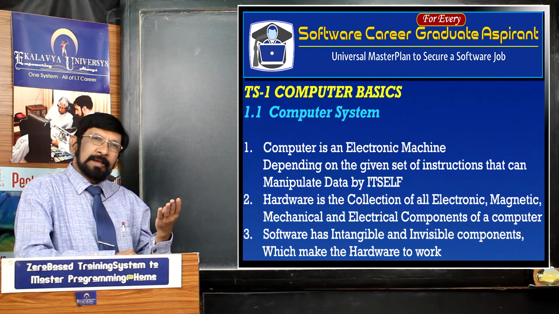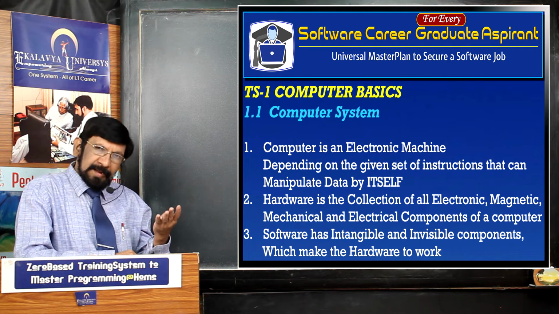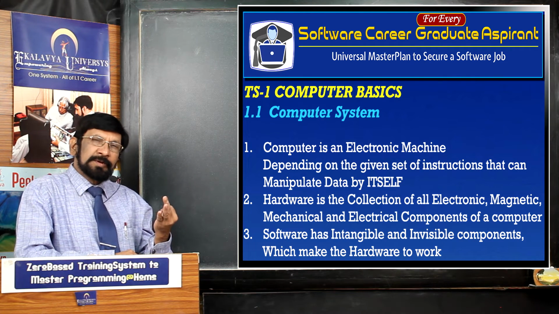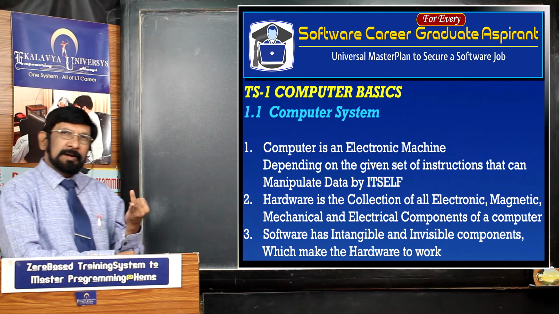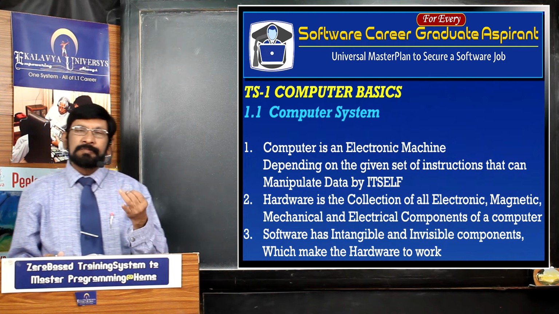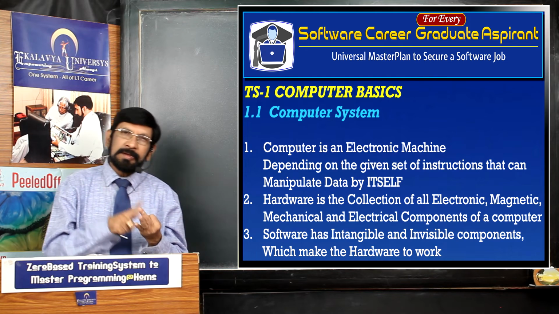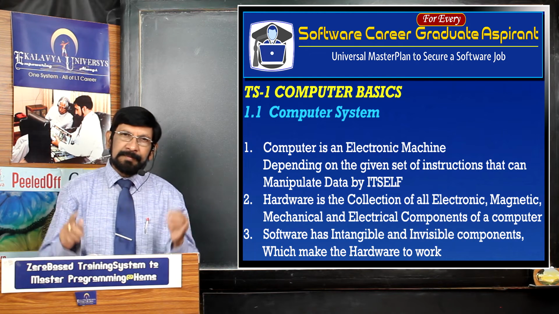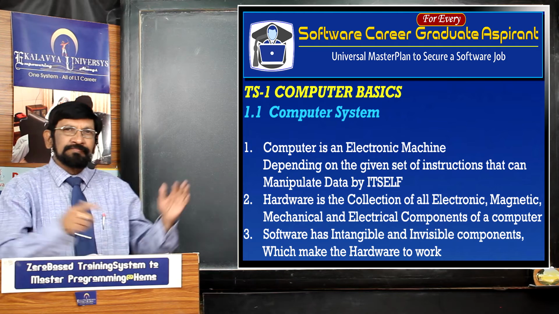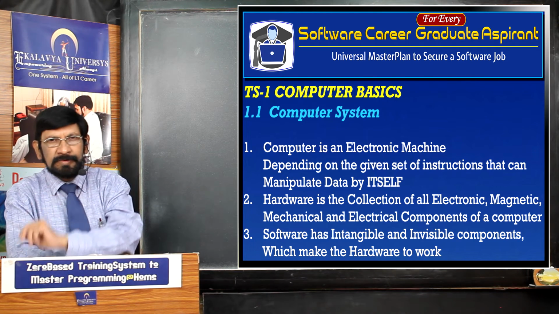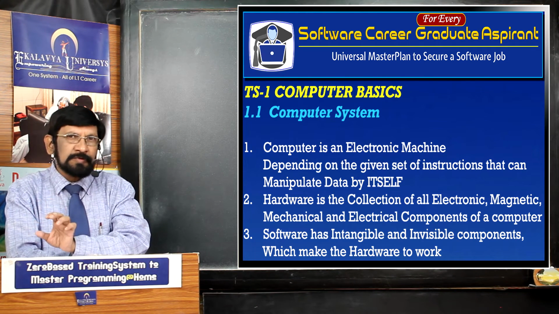They are electrical components, electronic components, magnetic components, and mechanical components. Electrical, electronic, mechanical, magnetic. Four types of components are there. All are composed as one unit, that is what we call a computer system.